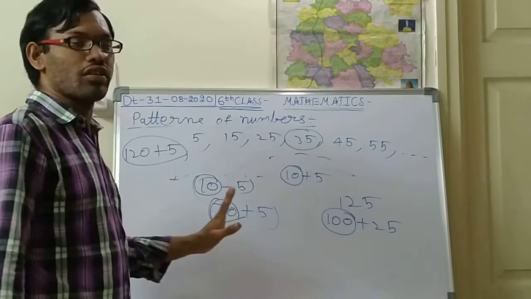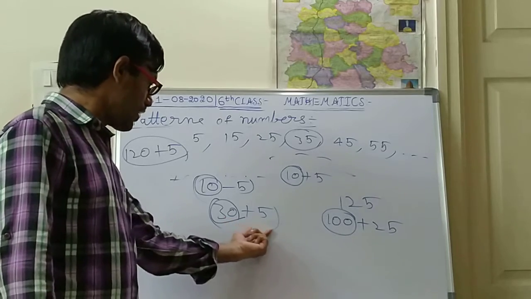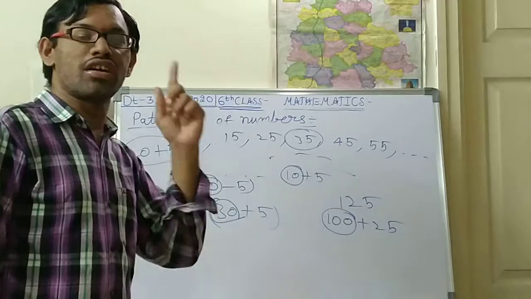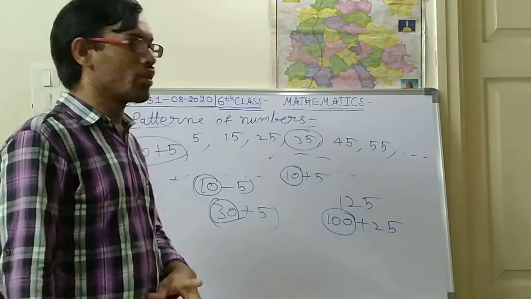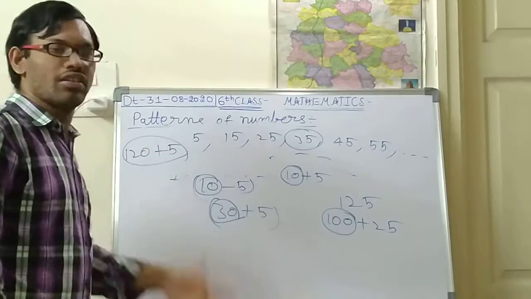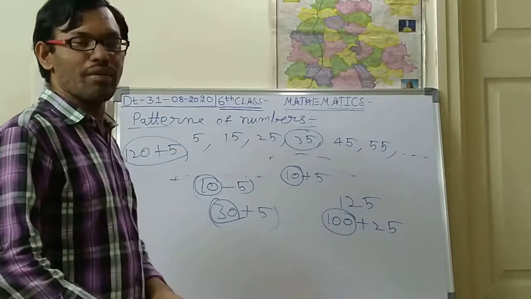In the separating terms, one number should be a tens or hundreds or thousands. So if you take 120 plus 5, it can't be correct. Is it right, children? So like this there is the pattern.